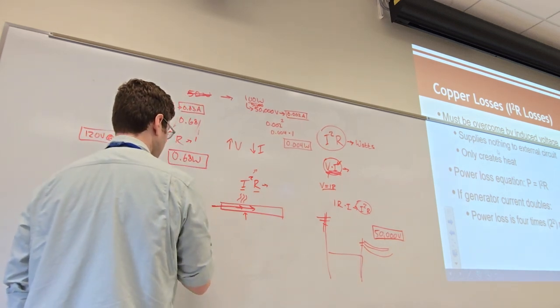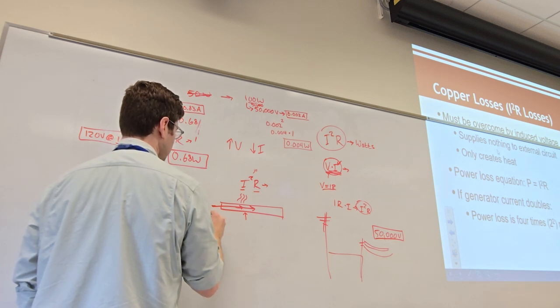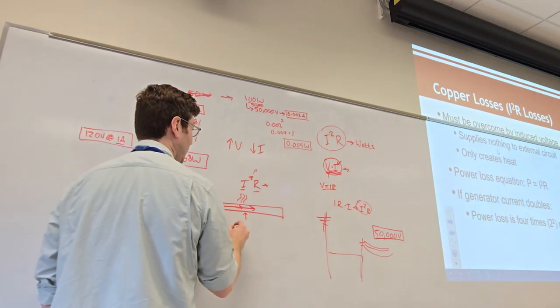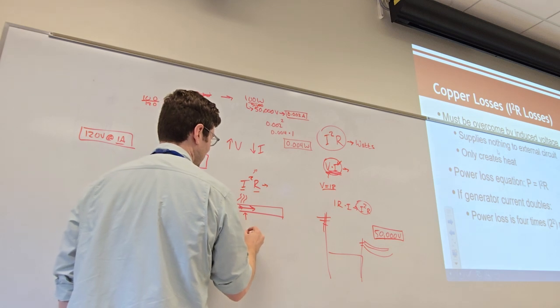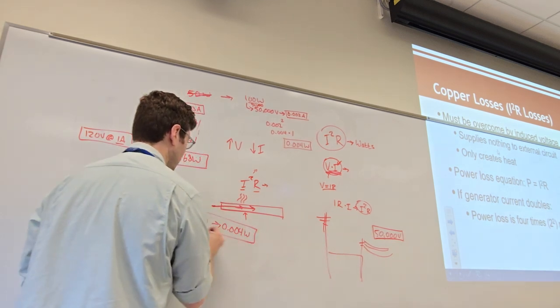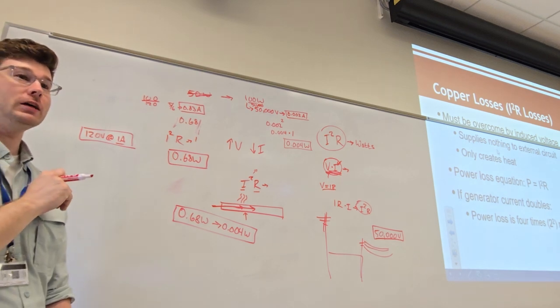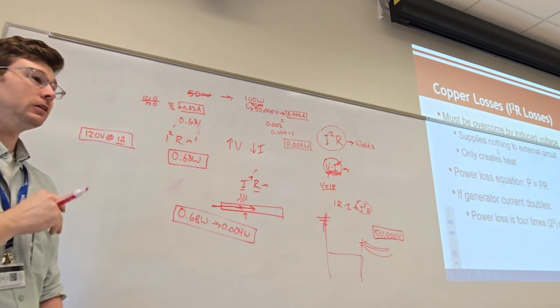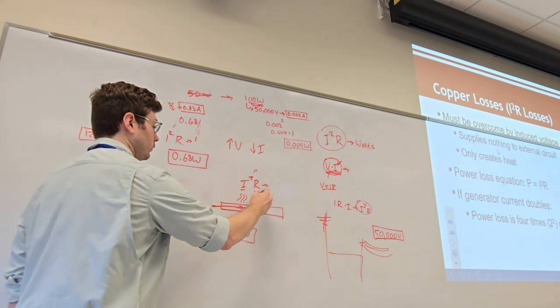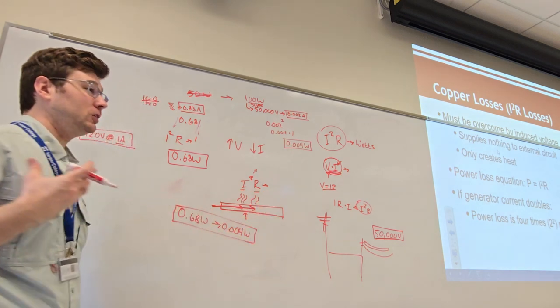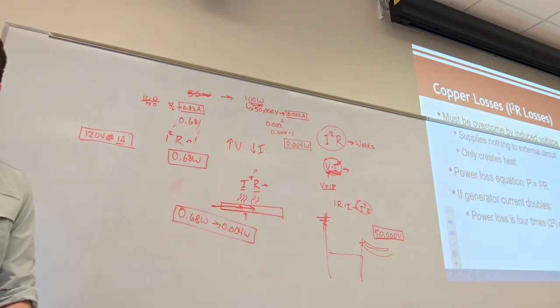So it's the difference between 0.68 watts and 0.004 watts for the same load. You guys see how much difference voltage makes for distribution losses? This is just losses over the cable, the losses on getting the power to you, the transmission losses.